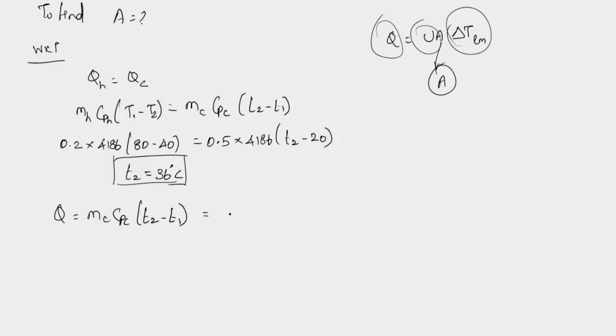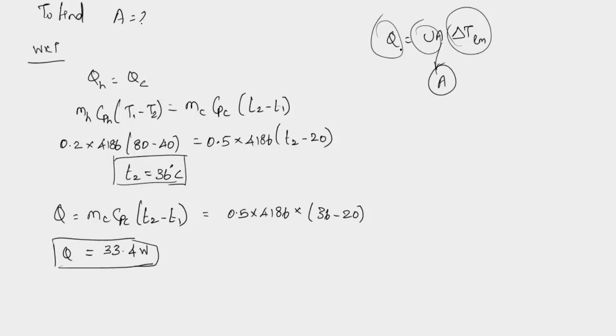Substitute all the values: 0.5 into 4186 into (36 minus 20) degrees Celsius. You will get the answer as 33.4 watts. This is the value of Q.